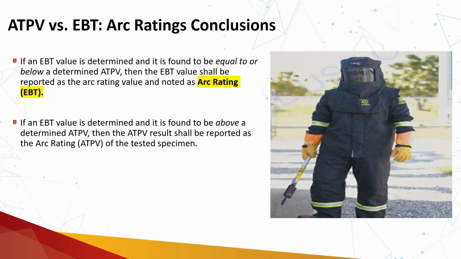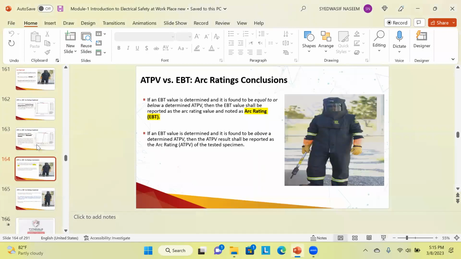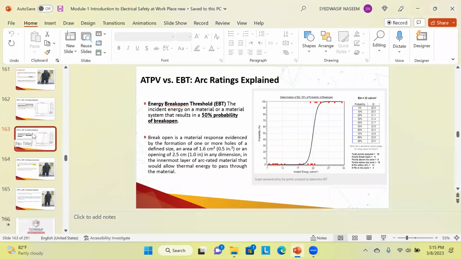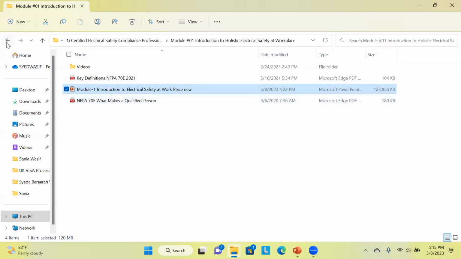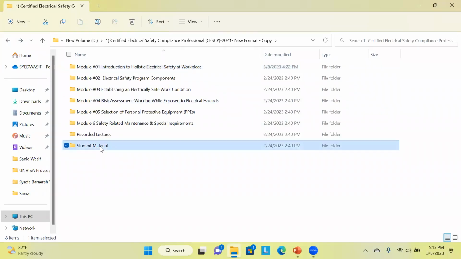So we will look at the lowest value, because above that there is a chance that the person will receive a second degree burn. That's why the overall rating of this personal protective equipment is assigned based on the lowest one. In this particular case, it's the ATPV which was lower, so we assign the overall arc rating of 9.9 cals per centimeter square.